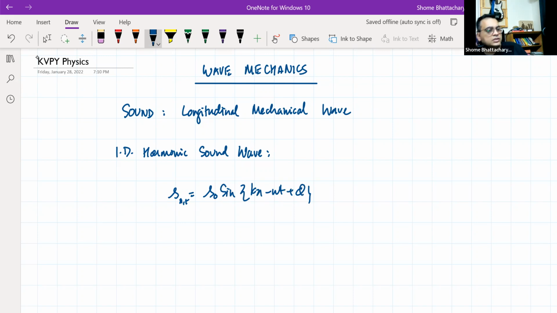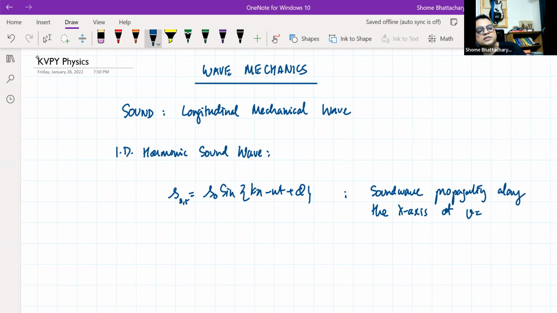Okay, so this is a sound wave propagating along the x-axis at a propagation speed of omega by k, which is equal to f lambda, or rather, 2 pi by k.